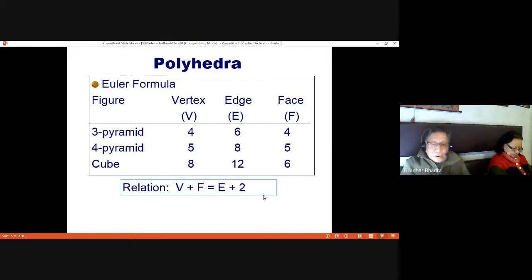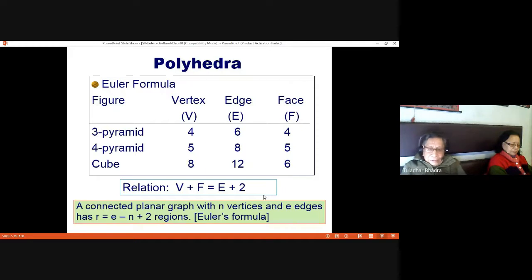But the greatness of this mathematician Euler is that for the same looking pattern, V plus F is equal to E plus 2, he then continued to use the same relation as Euler's formula in this case: a connected planar graph with n vertices and e edges has regions r equal to e minus n plus 2.